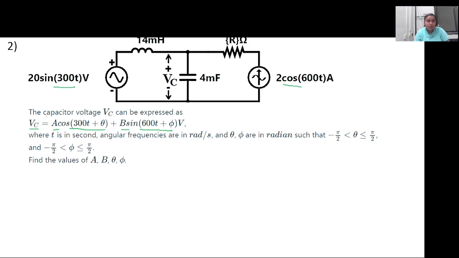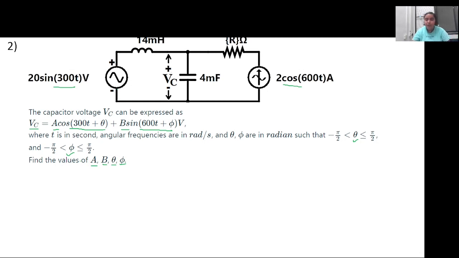We have to figure out the constants A, B and the angles theta and phi by comparing with the equation we derive from the circuit. Also, theta and phi are both between plus and minus 90 degrees.